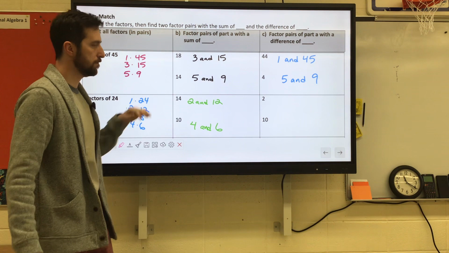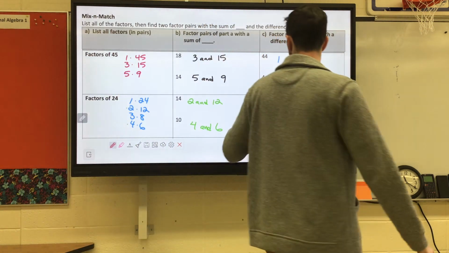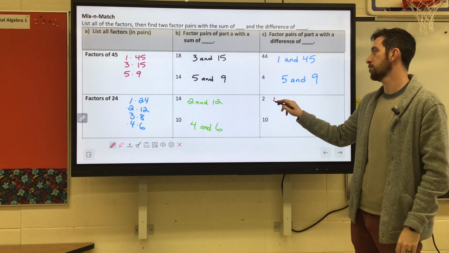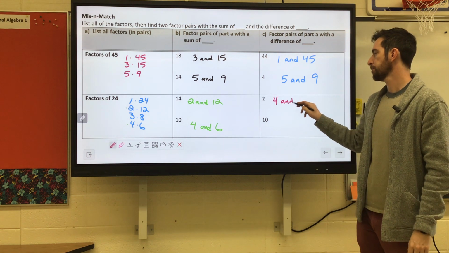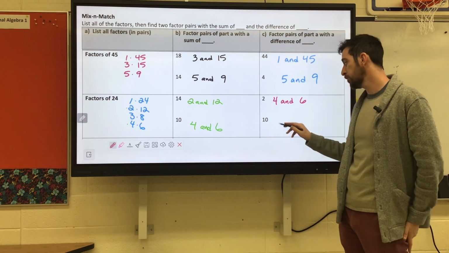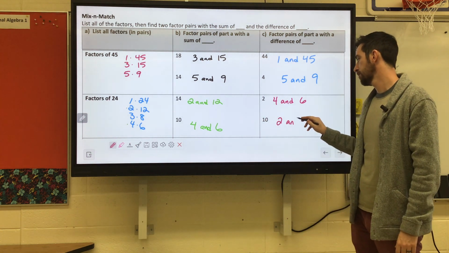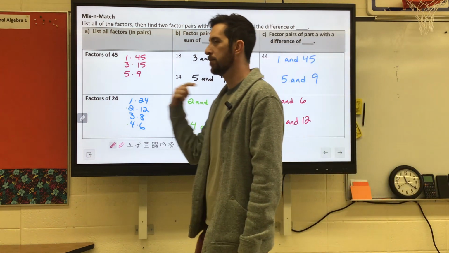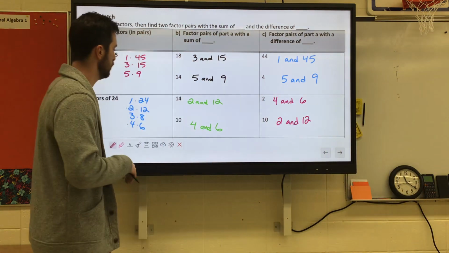And that far column, they have to have a difference of this. Which ones have a difference of 2? Which ones are 2 apart? Again, that's the 4 and 6. But which ones have a difference of 10? That would be 2 and 12. Those are 10 apart from each other. Once you get in the flow, whew, you're going to love it.